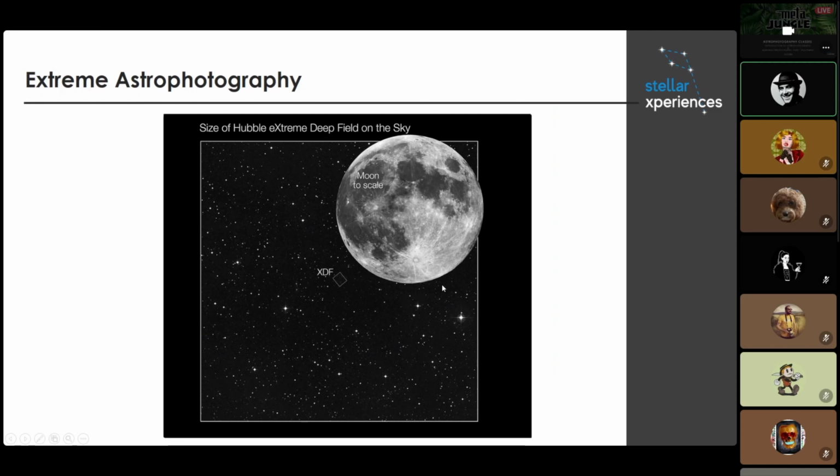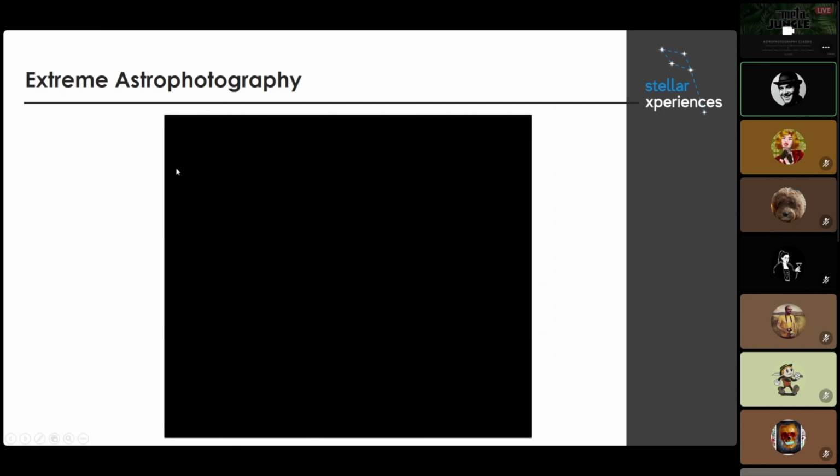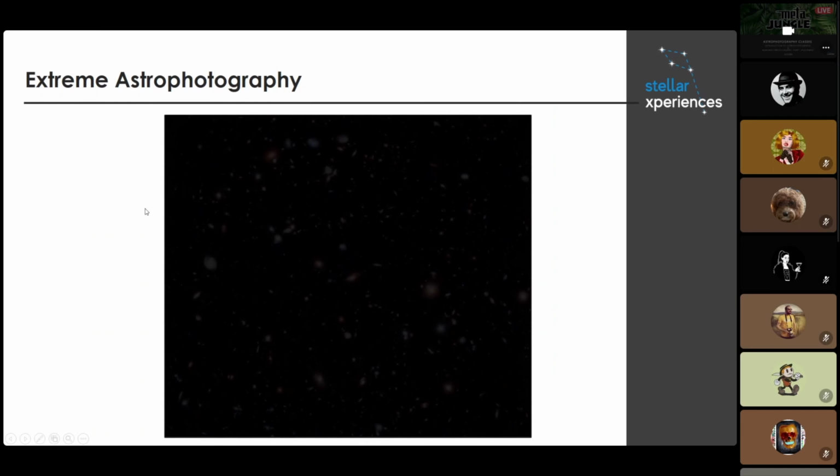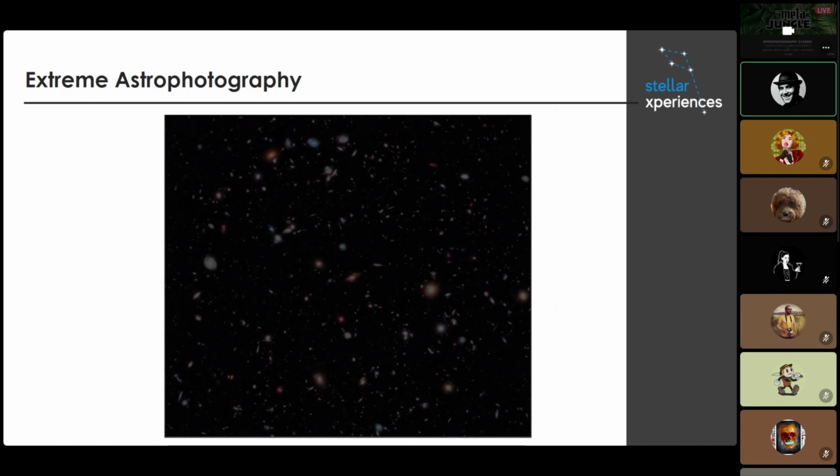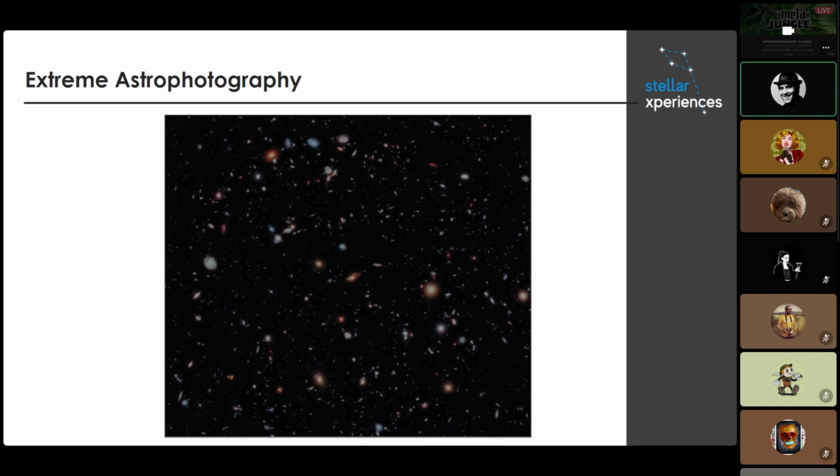Hubble takes millions of seconds of shooting from this area and creates a photo called the Extreme Deep Field. When you look at that area, it is pitch black, like this. There's nothing. But when you collect more and more light, this photo comes up.